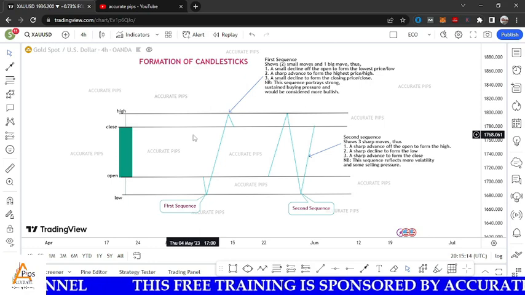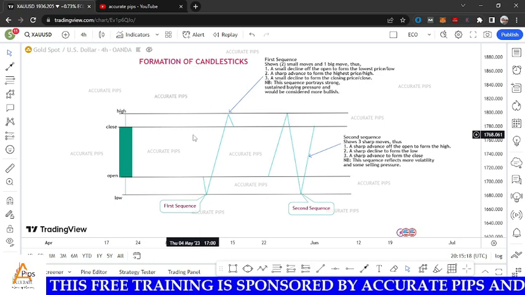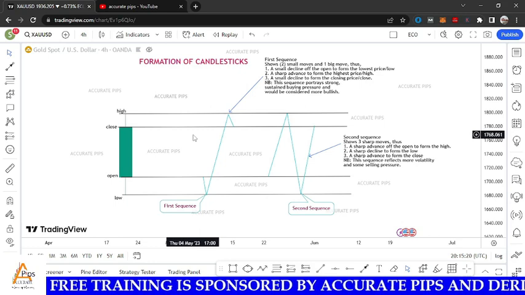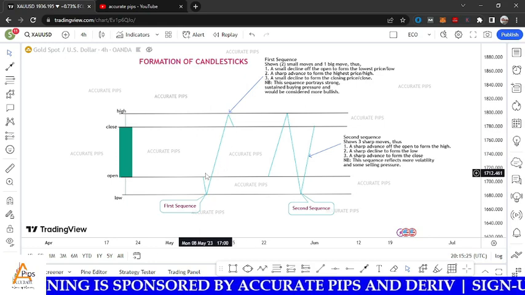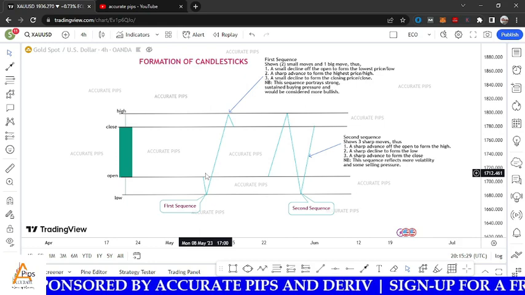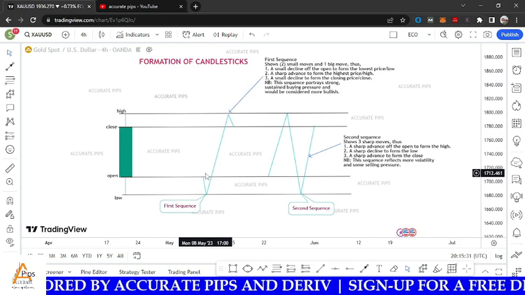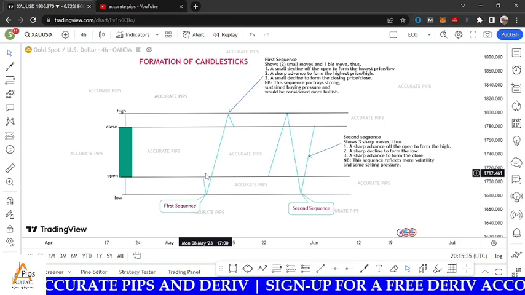Now what this sequence teaches us is that the internal move of this particular candle is a bullish move. This sequence portrays strong sustained buying pressure and will be considered more bullish.